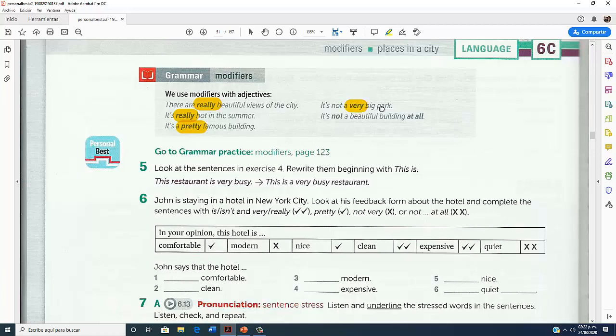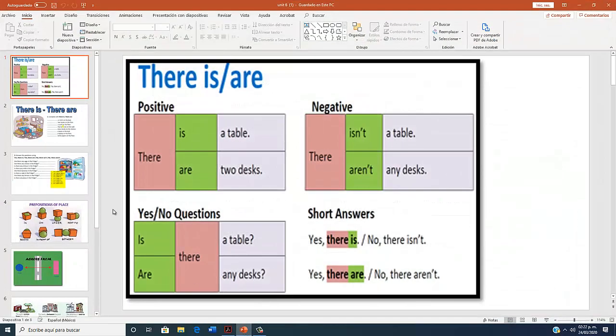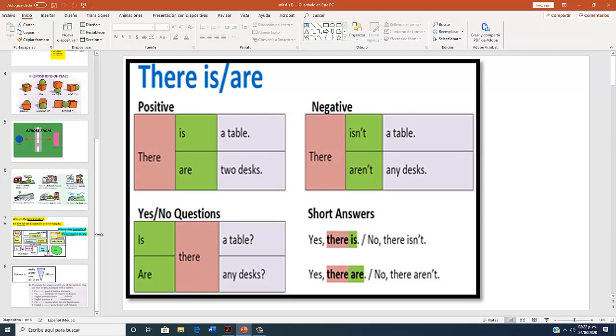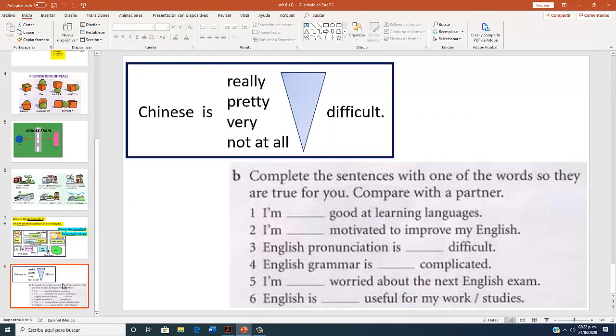For example, big park. It's not a beautiful building at all. So you use those words, and as you can see there, those words are called modifiers. Yeah, they are called modifiers.